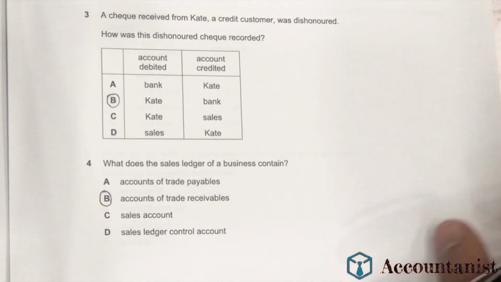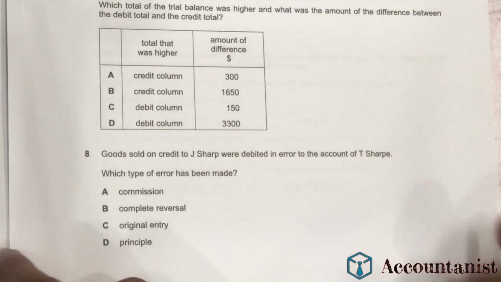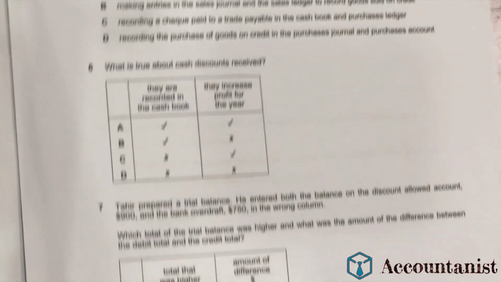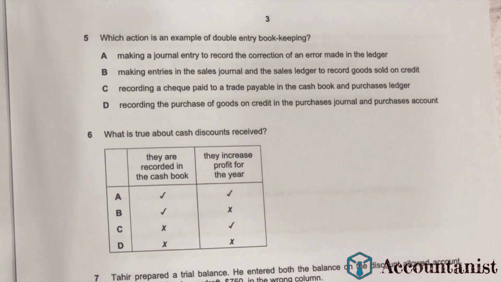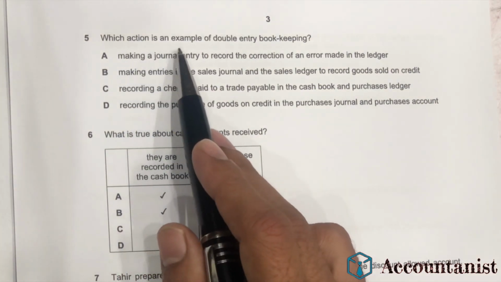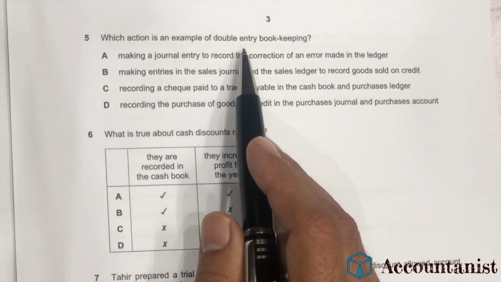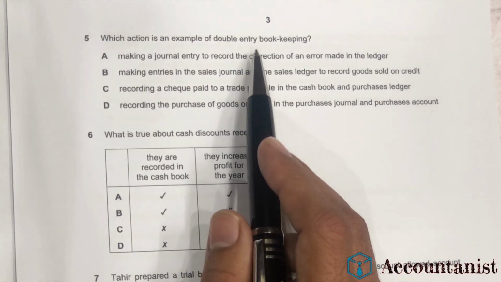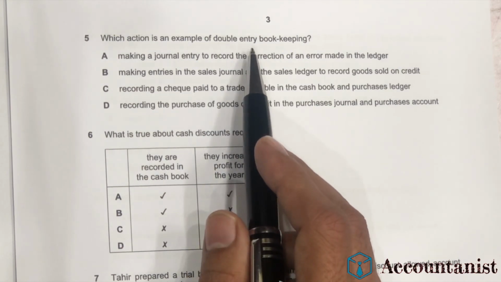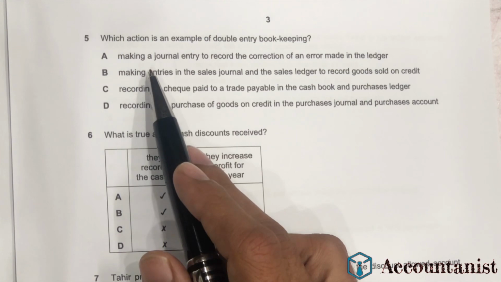Moving on to the next question, question number 5. It says, which action is an example of double entry bookkeeping? Double entry bookkeeping is where we make debit and credit entries, the journal entries. So let's have a look at the options.